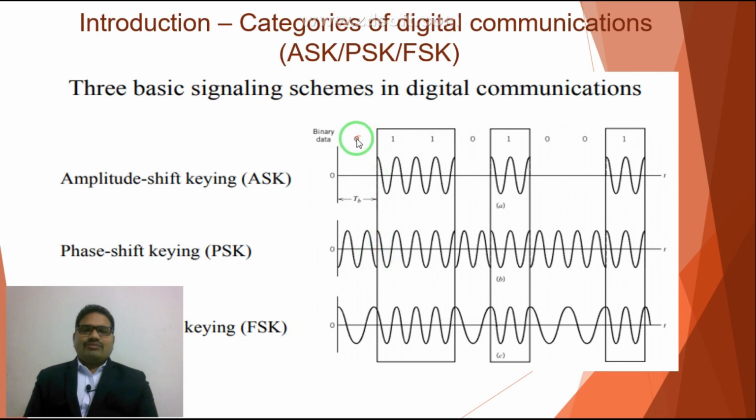The phase shift could be 180 degrees, 90 degrees, or 45, depending on the selection. After that comes FSK, that is frequency shift. In this, we select a particular frequency for binary 0, and for 1 we select another frequency. Usually we select a high frequency for binary 1 and a low frequency for binary 0.